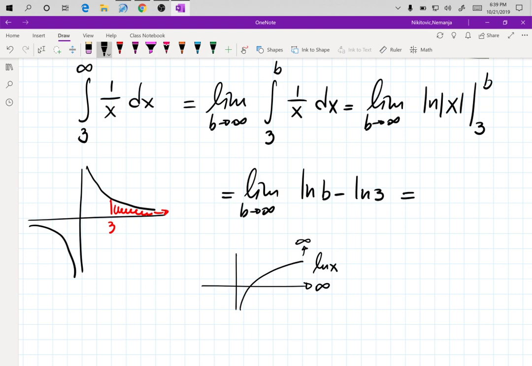So the y value for the ln x graph is going up to positive infinity. So this over here would be infinity minus ln 3. Well, and we say it diverges.